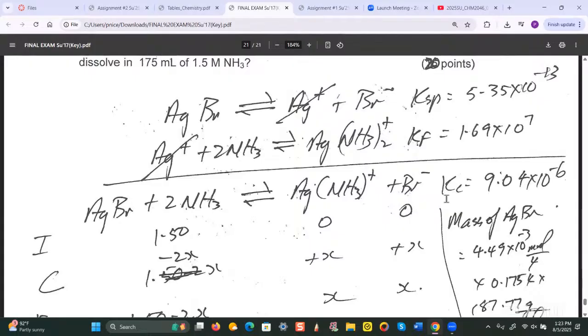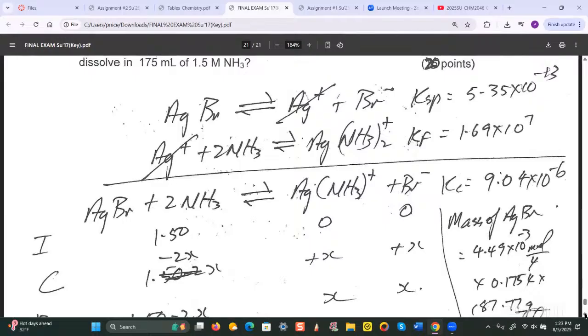To get the Kc for the net equation, if you remember, when you're adding two or more equations, you multiply the K of the equations that you're adding to each other. So in this case, you'll be multiplying the 5.35 times 10 to the minus 13 by the 1.69 times 10 to the 7, and that gives you the Kc, which is 9.04 times 10 to the minus 6, right?